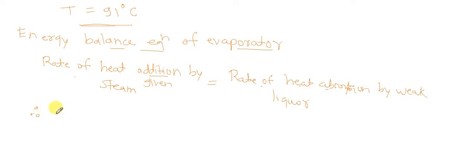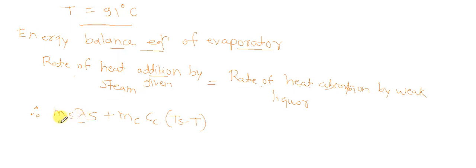I explained this: ms lambda s, because steam gives its latent heat and also its decreasing temperature heat, that is called sensible heat. So this is mc, then cc, the heat capacity, and its temperature decreases from Ts to T, the temperature of the condenser.